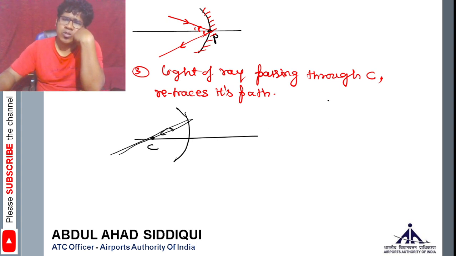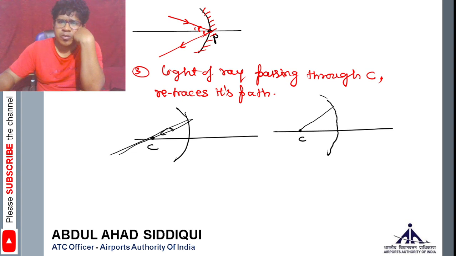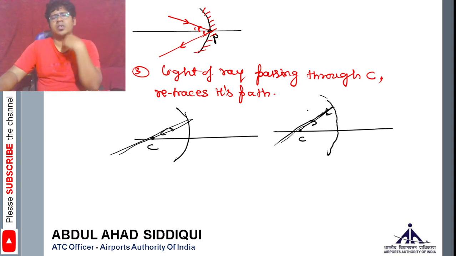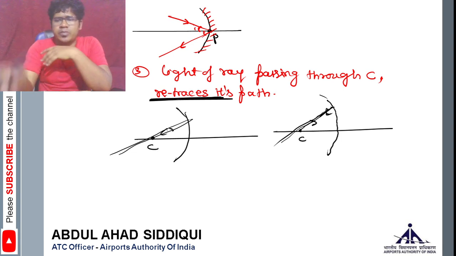Why? You can understand it this way. When you draw the normal, it always passes through the center on any circle. So the angle of incidence is 0, and the angle of reflection will also be 0. It will come back, following the same path. That's why it retraces its path. This is the basic law of reflection in the spherical mirror.